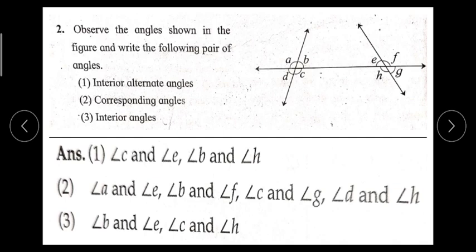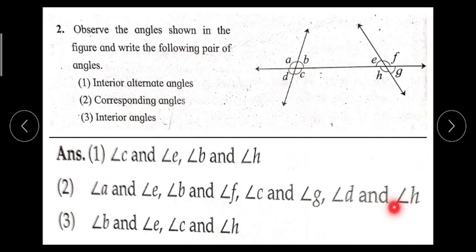So corresponding angles are angle A and angle E, angle B and angle F, angle D and angle H, angle C and angle G. I repeat, corresponding angles are angle A and angle E, angle B and angle F, angle D and angle H, angle C and angle G. So this is your second answer.